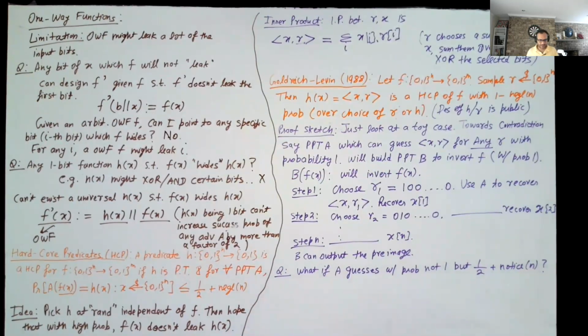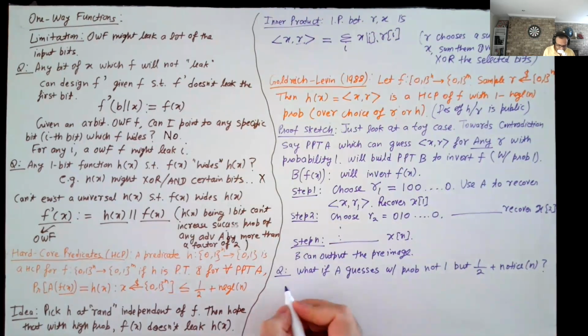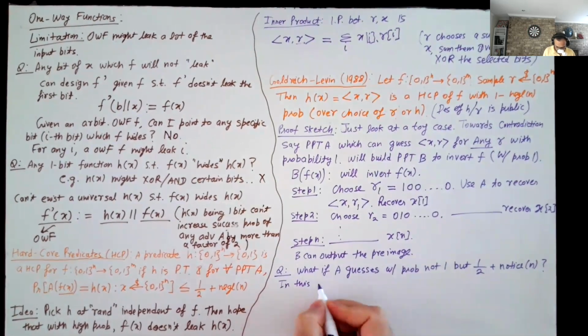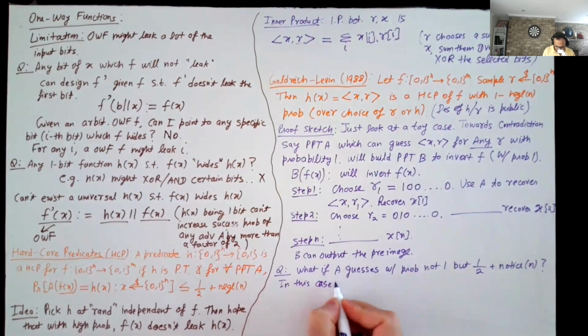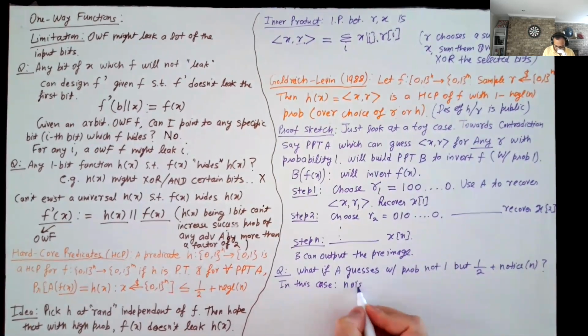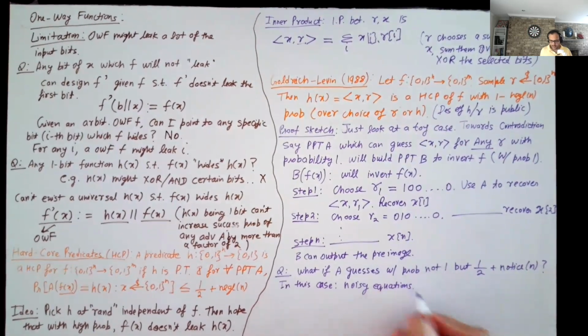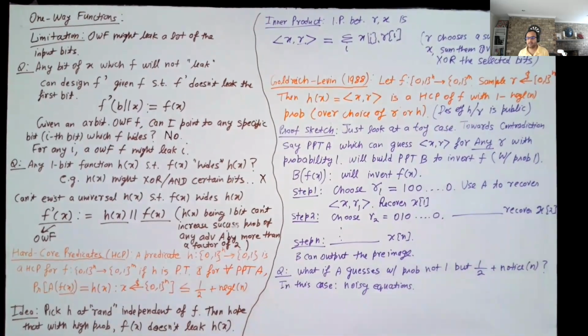So the intuition again in this case is that we will essentially try to use the same strategy, but now we will have noisy equations. What do I mean by noisy equations? Some of the equations can be correct.